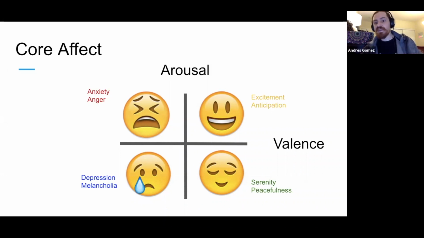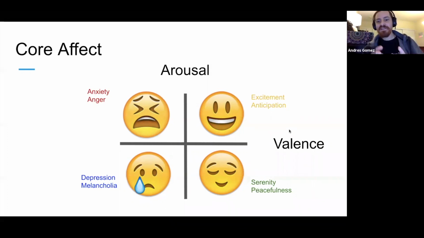Roughly speaking, arousal is the level of activation, how energetic you are, and valence is how good you feel. Most of what I'm going to talk about is valence. That said, you also need to consider arousal to know what this is all about.